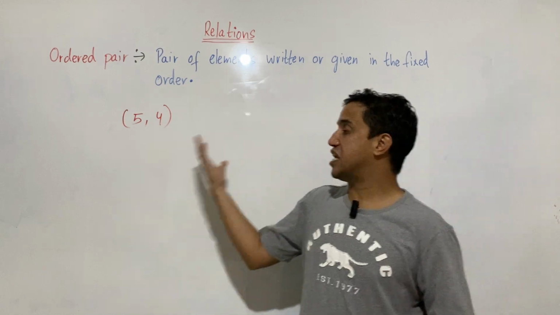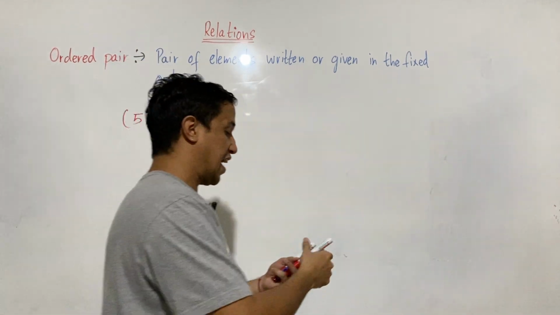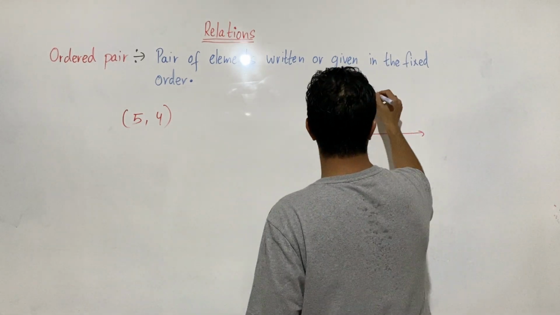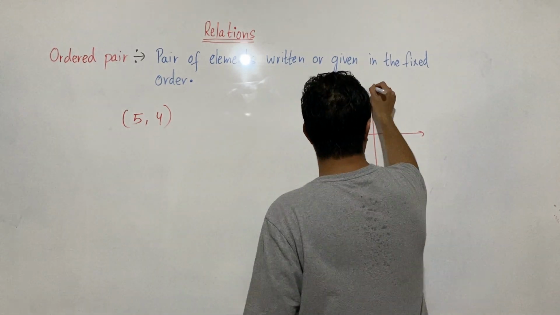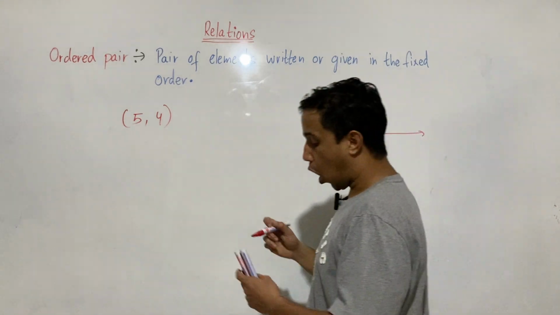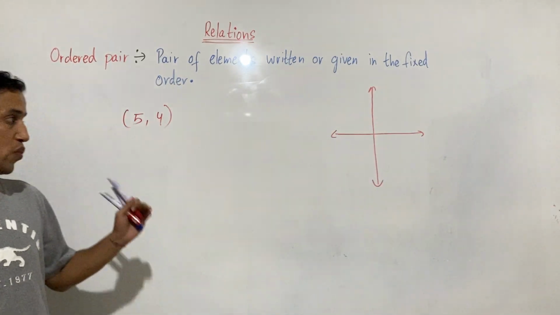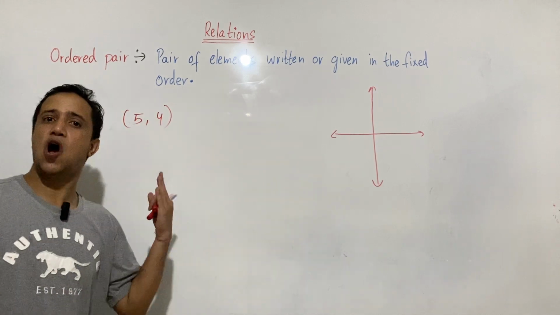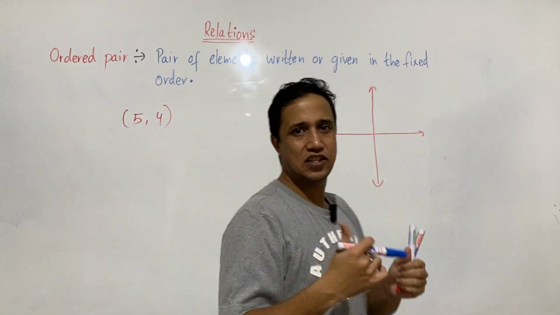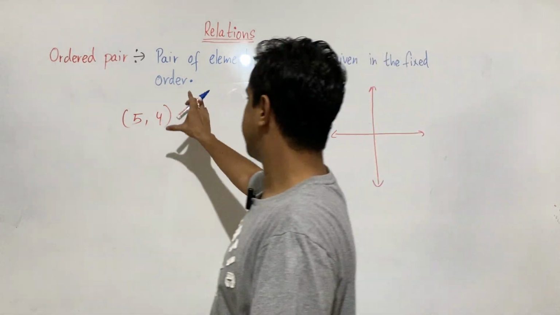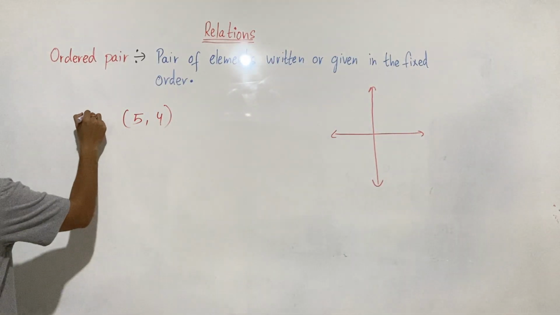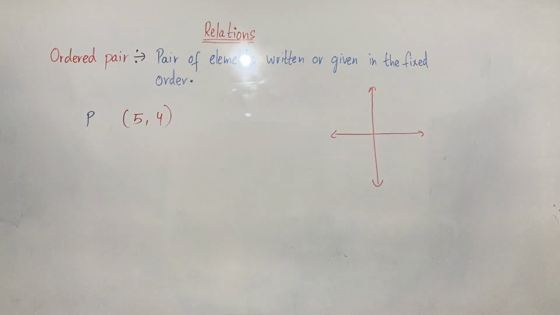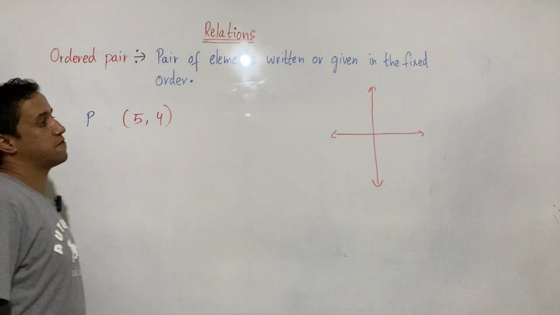Even in coordinate geometry, which I spoke about, if we have to locate any point on the xy plane or the Cartesian plane, what do we need? We need an ordered pair, the coordinates of the point. Let's say P is a point on this Cartesian plane with coordinates 5, 4.